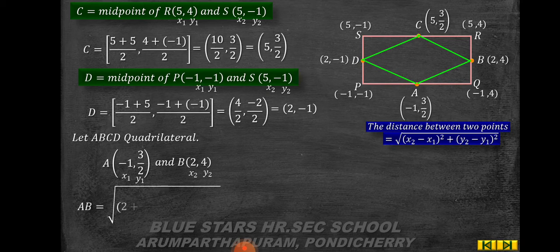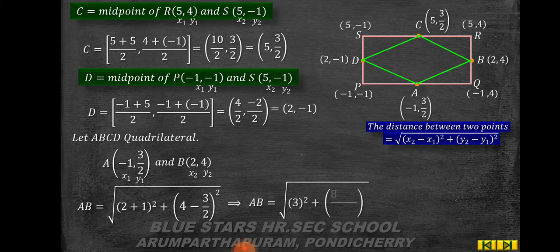So AB is equal to root of 2 plus 1 the whole square plus 4 minus 3 by 2 the whole square, which is equal to root of 2 plus 1 is 3 square plus, cross multiplication, 4 twos are 8, 8 minus 3 by 2 the whole square, which is equal to root of 9 plus 8 minus 3 is 5 by 2 the whole square.